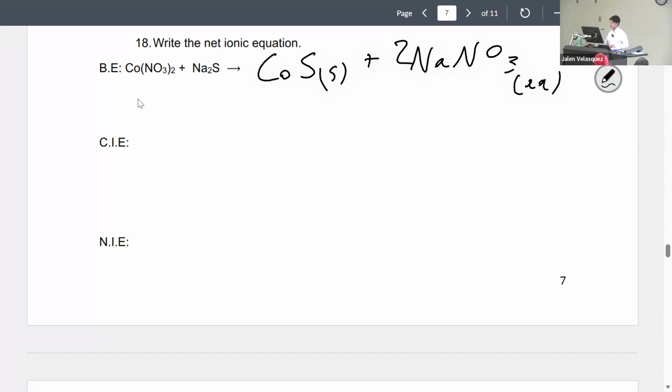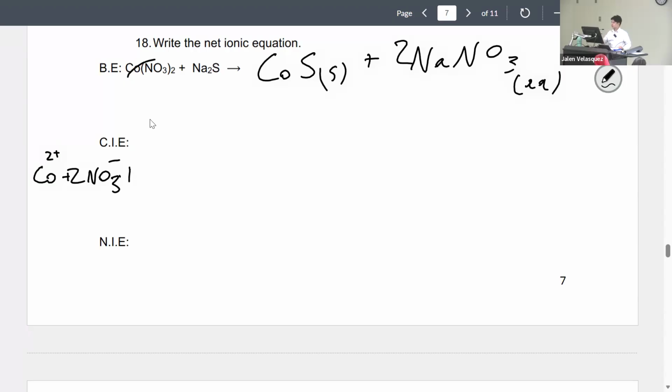So first starting with the cobalt nitrate, we're going to ionize the cobalt, we're going to ionize the nitrate. So what's cobalt going to be? Good, Co2+. And what's nitrate going to be? Good, 2 NO3, and what's the charge? -1, good. So we dealt with this guy.